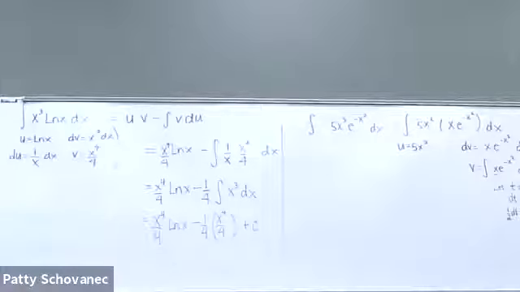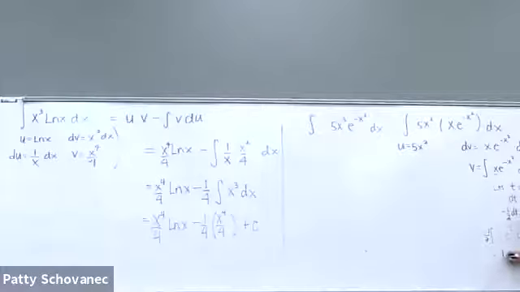So my v term is the integral of e to the t times 1/2 dt. What's the integral of e to the t? Or in this case, t is negative x squared.